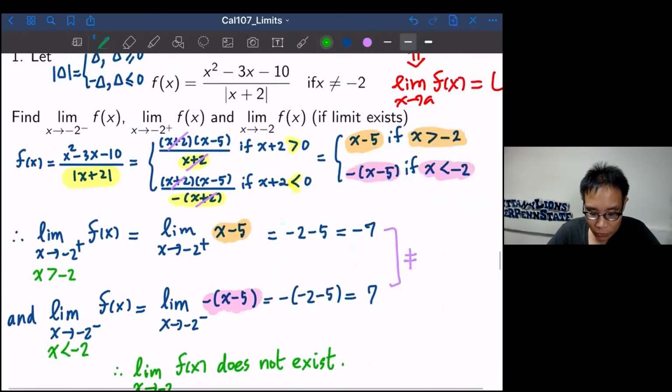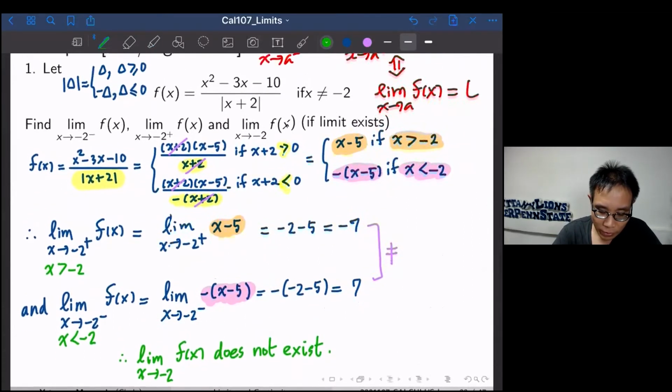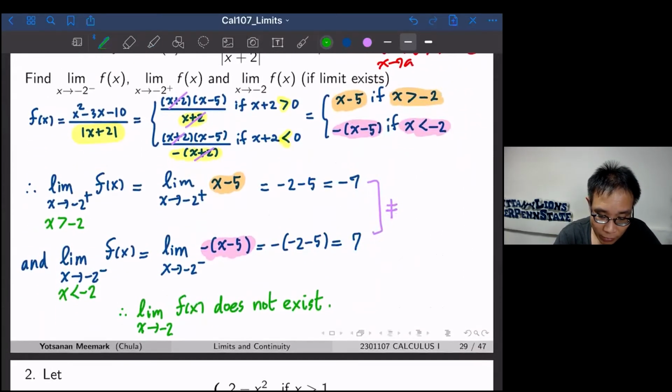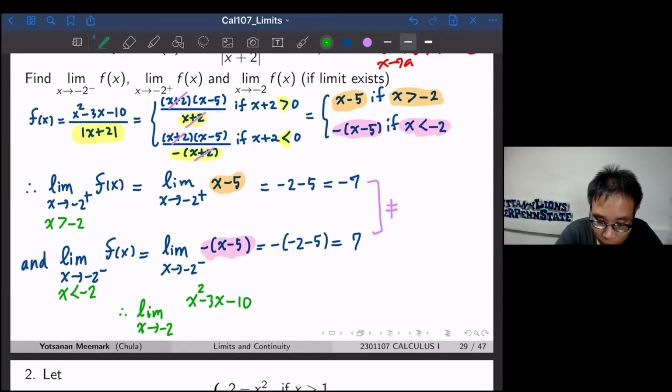The question asks you to find the limit of x squared minus 3x minus 10 over absolute value of x plus 2. The limit does not exist.